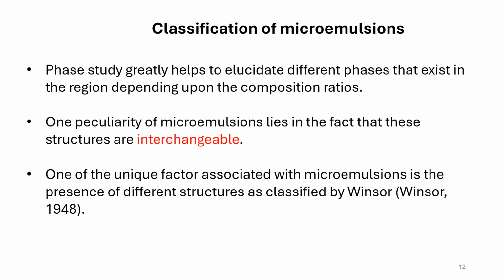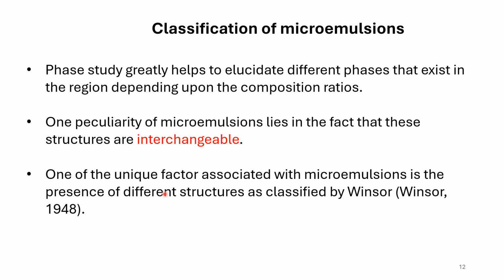The case study will help to elucidate the different cases which exist. And the different phases, their existence will depend on the composition ratio of the ingredients. Besides, these microemulsions will also interchange from one to another.